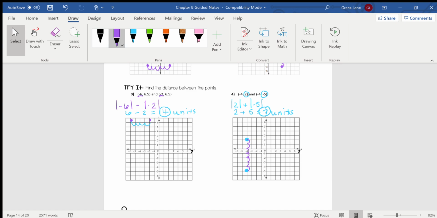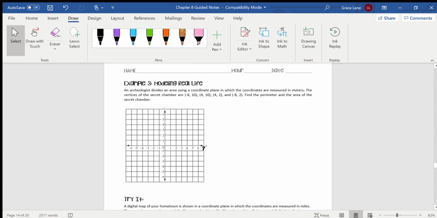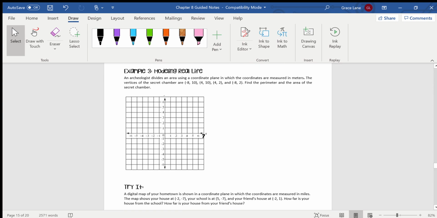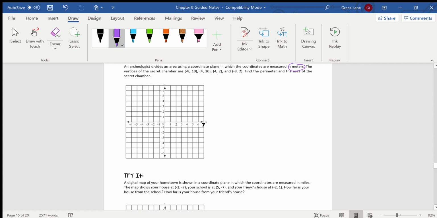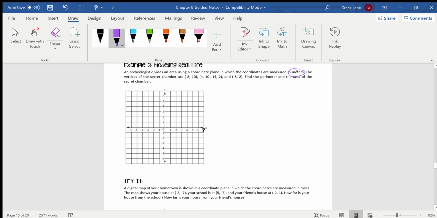Okay, last couple. It says an archaeologist divides an area using a coordinate plane in which the coordinates are measured in meters. The vertices of the secret chamber are -8, 10, and so on. Find the perimeter and the area of the secret chamber.